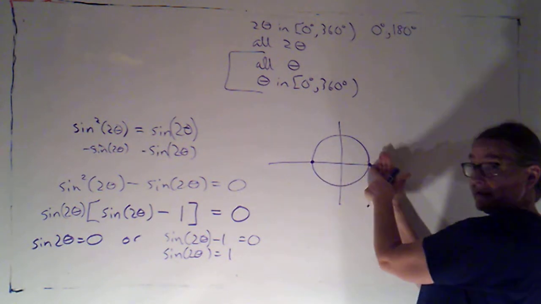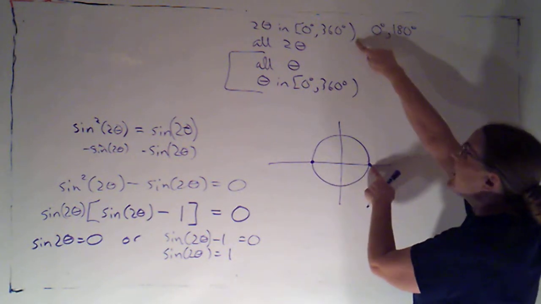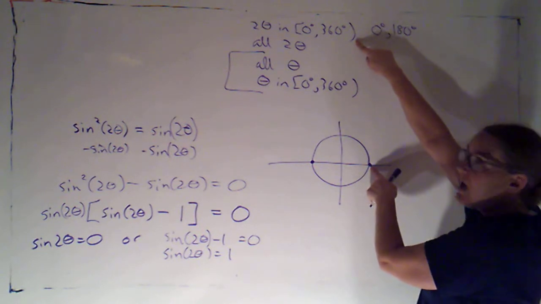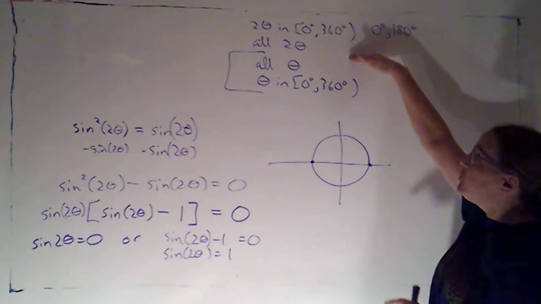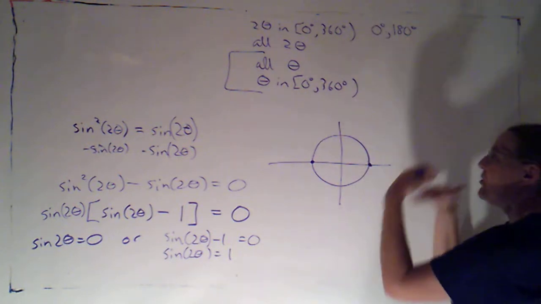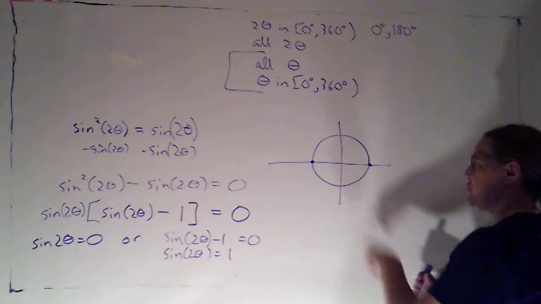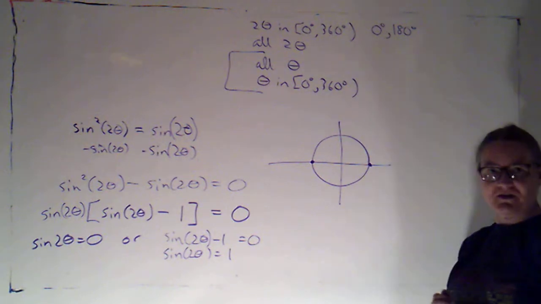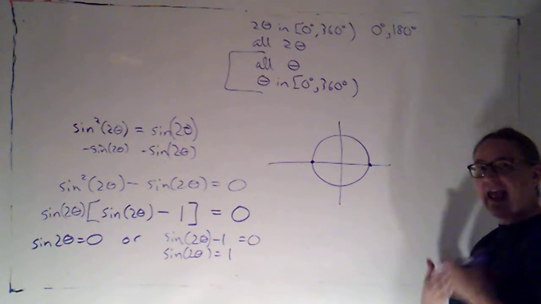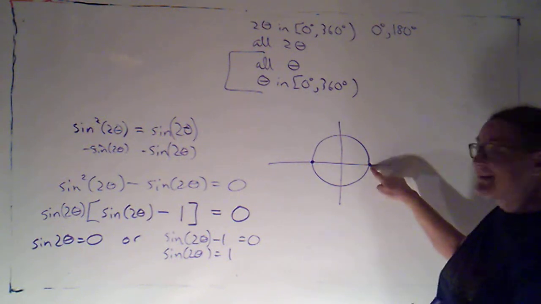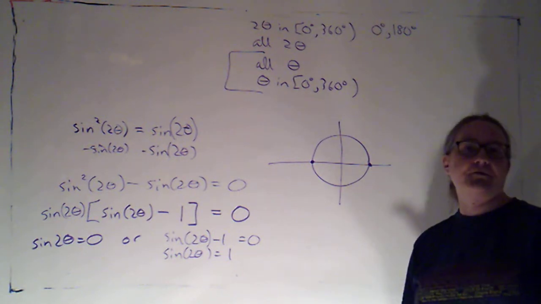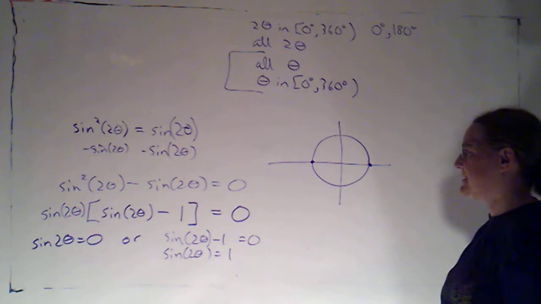Now, 360 degrees would put me back here, but we're not including that. What's going to happen is we'll get that because when we move to all values of 2 theta, we're going to be adding a multiple of 2 pi to all of these solutions. And so we'll get that by adding 360. We'll get 360 degrees by adding 1 copy of 360 to 0 degrees.